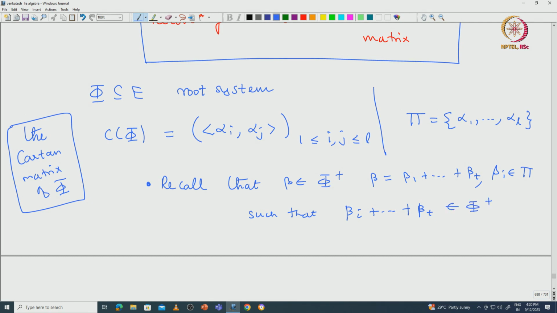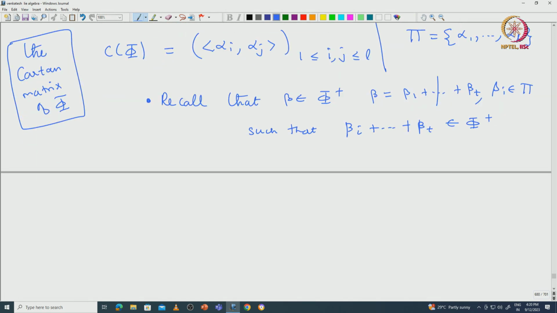You can always write beta as a sum of these simple roots, and if you break at any point, the partial sum is a positive root.